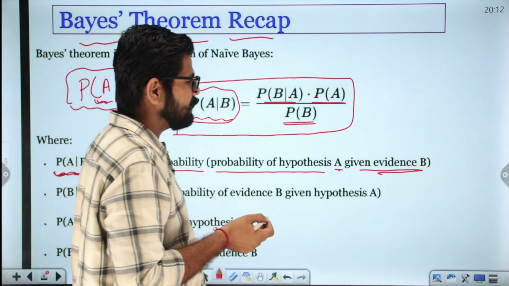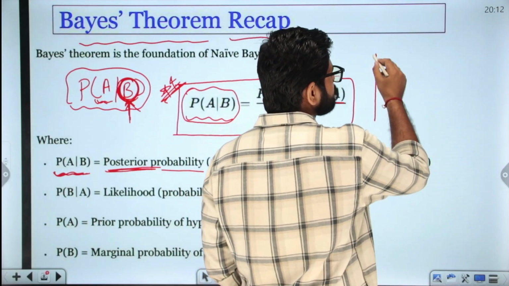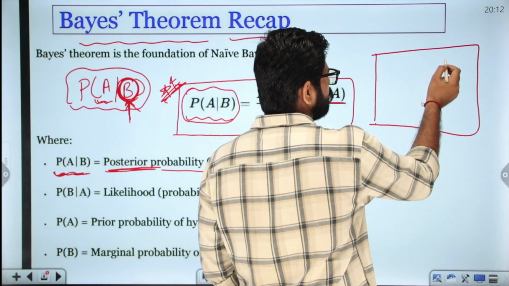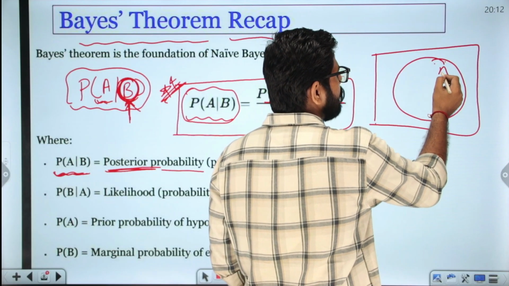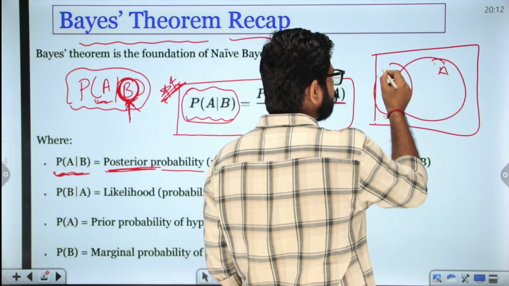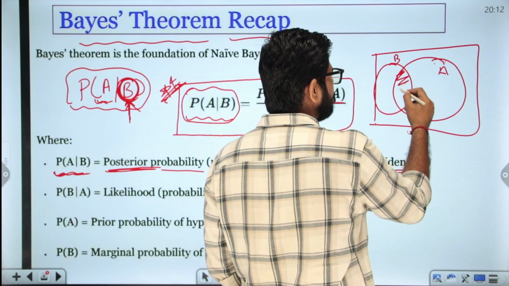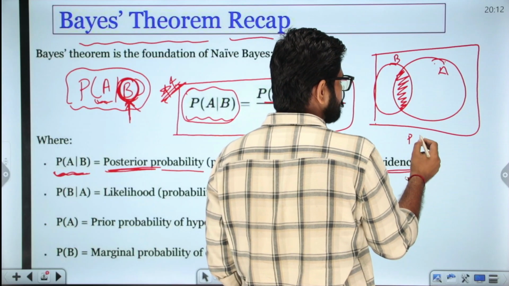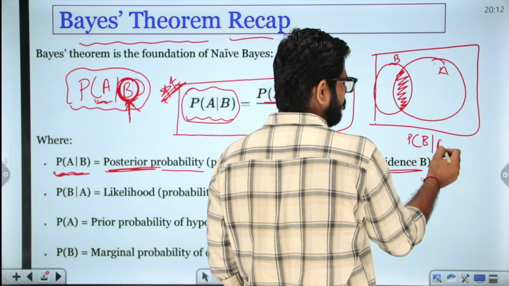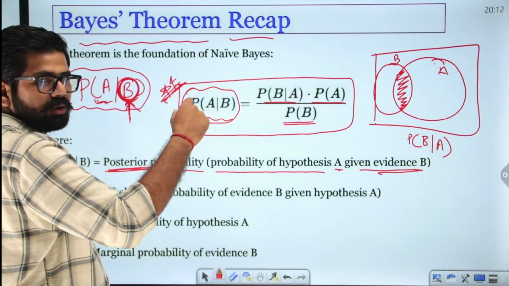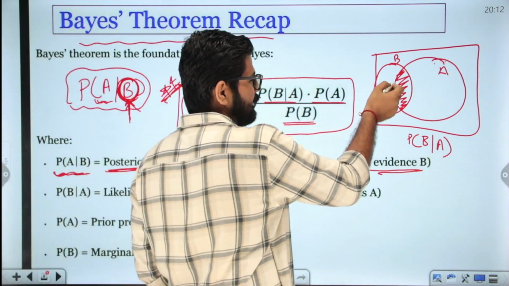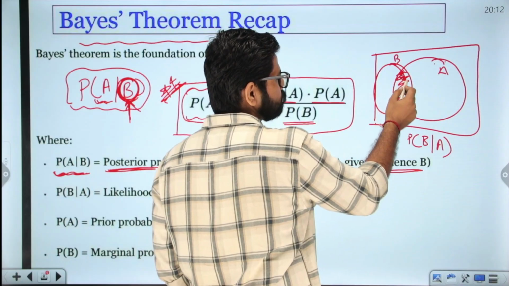If I explain it with the help of a diagram, you find that if this is the probability of A and this is the probability of B, then P(B|A) is this. If A is already done, then what is the probability of B? Here A is already done, and on this A, B is overlapping.